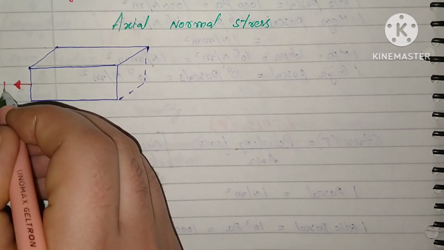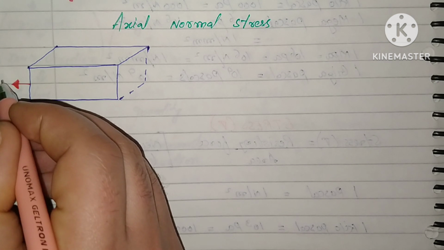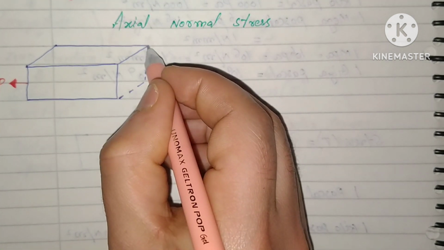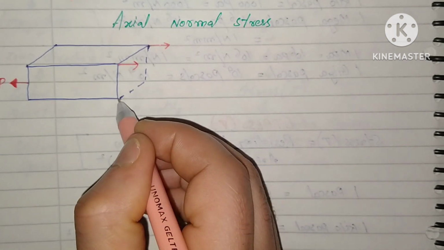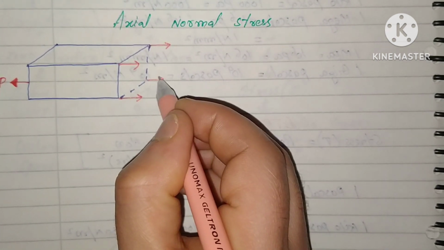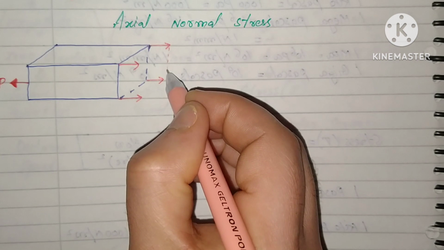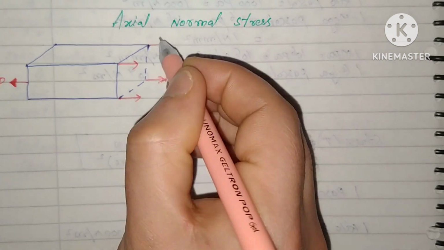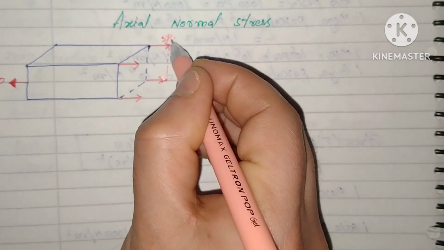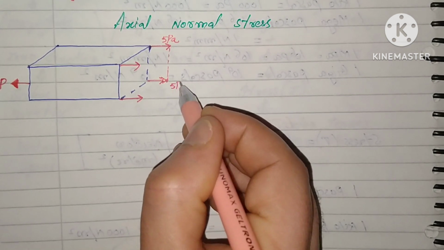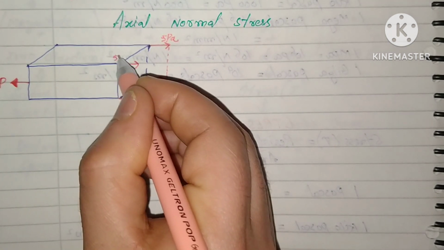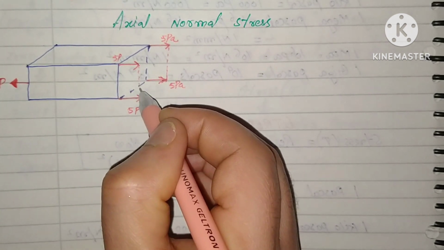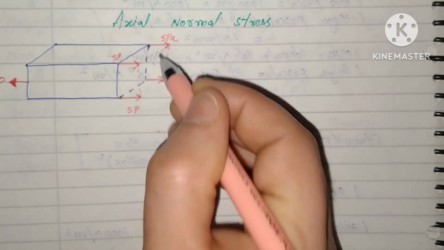To resist the applied force P, stresses will be developed, and these stresses will be uniform. What is uniform stress? If this is 5 Pascal, this will also be 5 Pascal, this will also be 5 Pascal, and this will also be 5 Pascal. That is what I mean by uniform stresses.